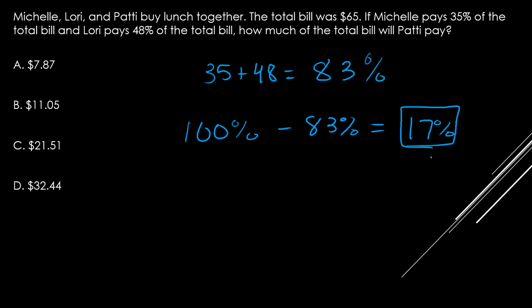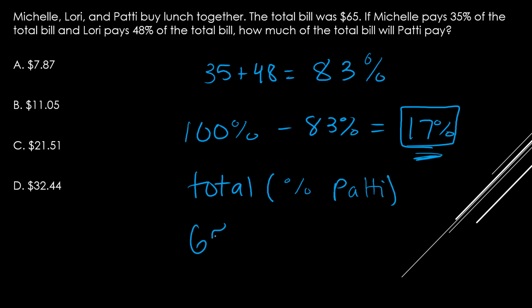The next thing we want to do here is take the bill total. So we're going to take the total and we are going to multiply it by the percent that Patty has to pay, which is this 17. So $65 times 17%. But remember, you need to change this percent to a decimal.